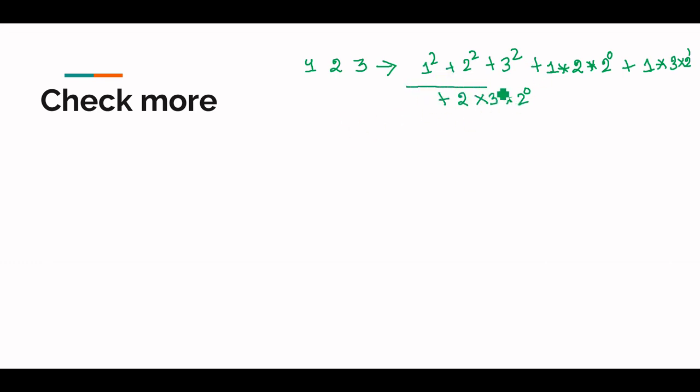So if I just remove this part for now and focus on this, we can see 1 is multiplying with 2, 2 to the power 0 number of times, and with 3, 2 to the power 1 number of times.